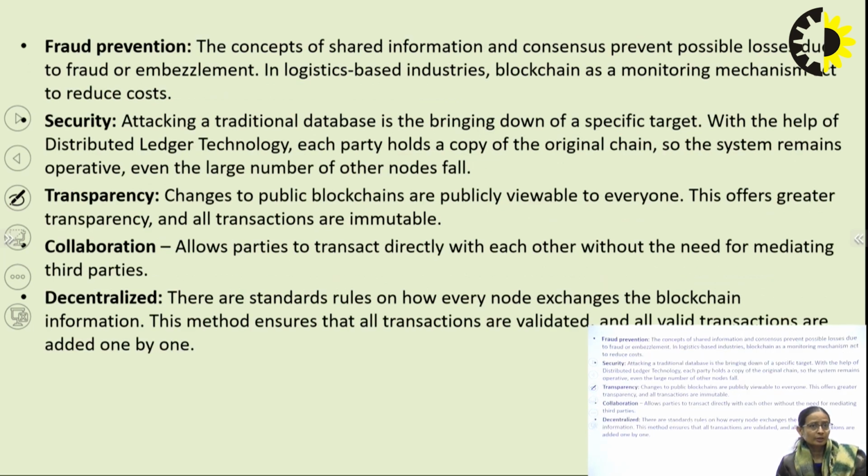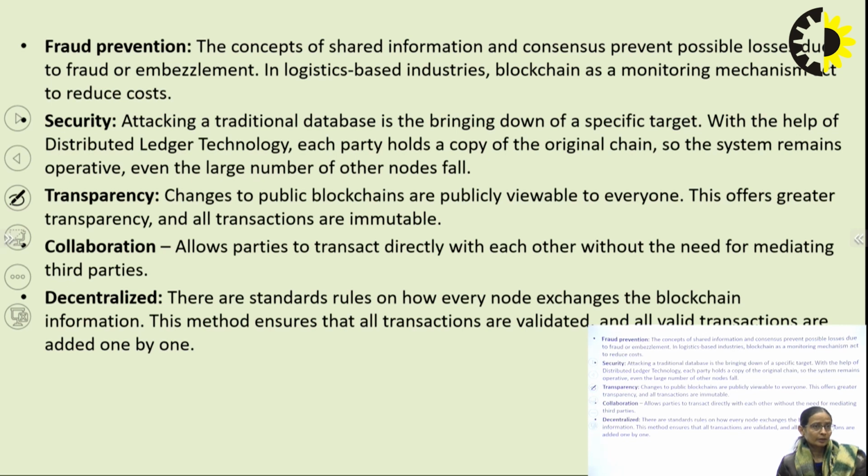The concept of shared information and consensus prevents possible losses due to fraud or embezzlement. In logistics-based industries, blockchain as a monitoring mechanism acts to reduce the cost. That is, where your shipment has reached can be tracked with the help of the blockchain, and the cost has been reduced tremendously.